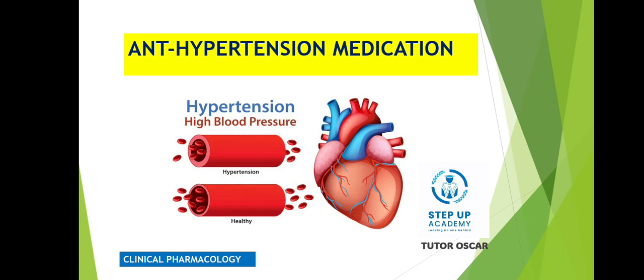I want us to understand what determines low blood pressure and what determines high blood pressure before we start talking about medication that solves high blood pressure. So before that, let's look at the definition of blood pressure and the two major factors that determine it.